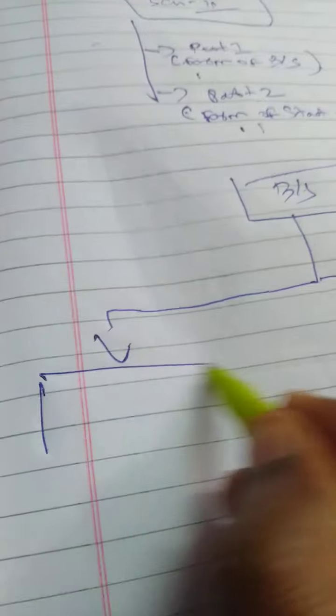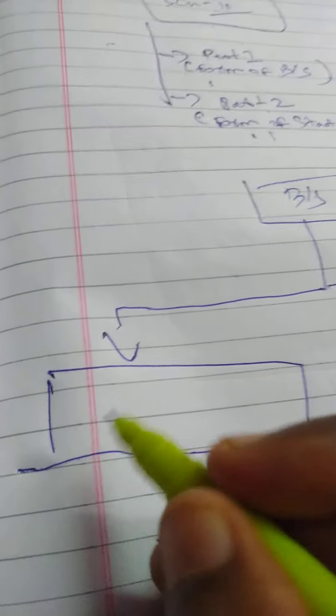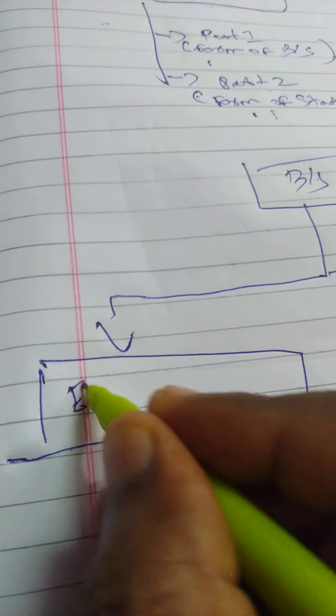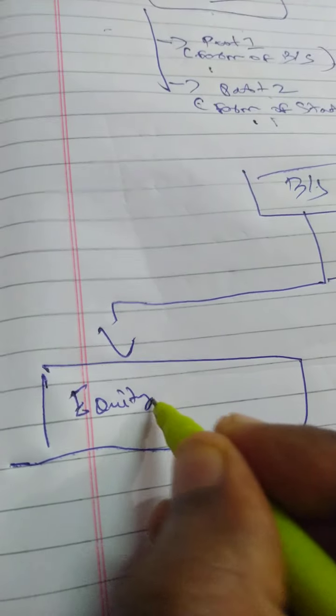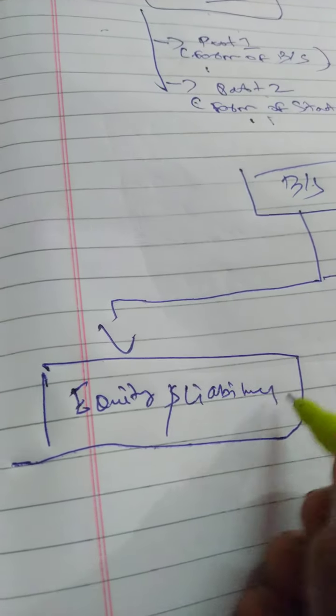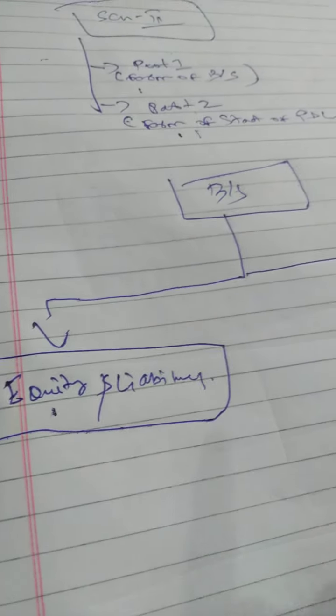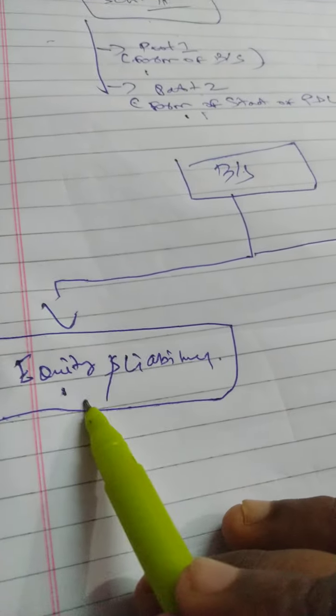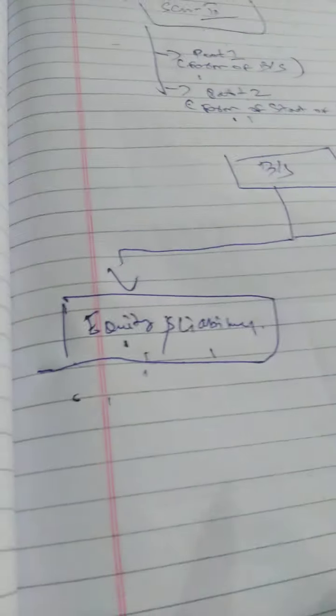Liabilities, assets, correct? Here we have to make it equity and liability. In old days balance sheet will be liabilities and assets. Here it is equity and liabilities. Here it is assets only. Okay? Equity and liabilities, assets.